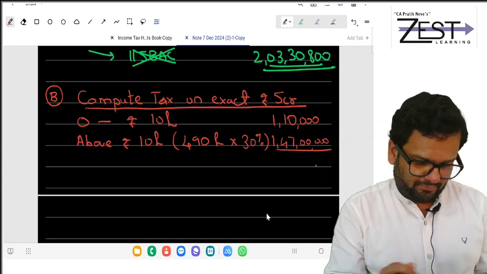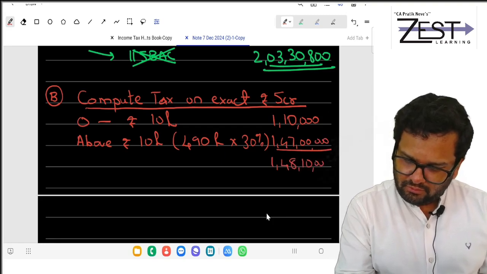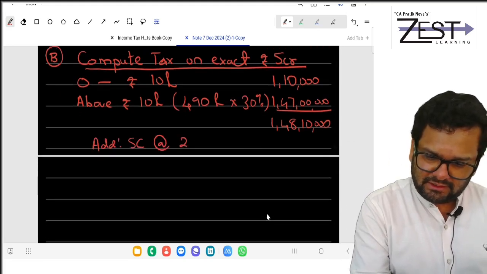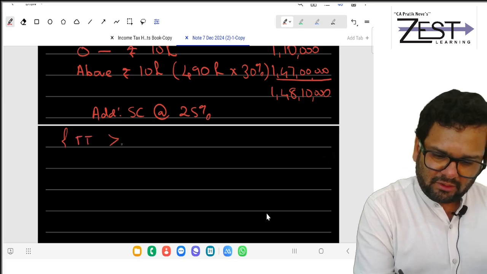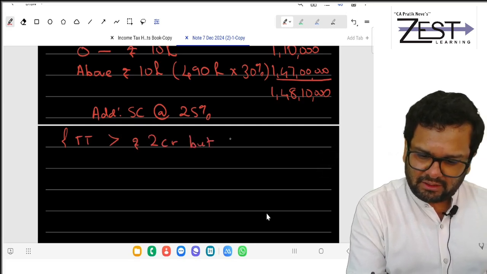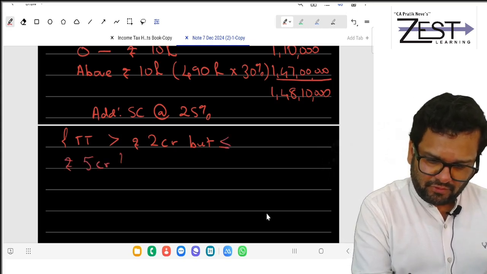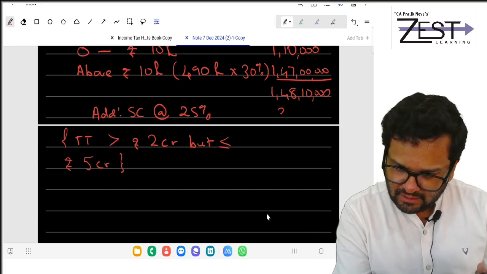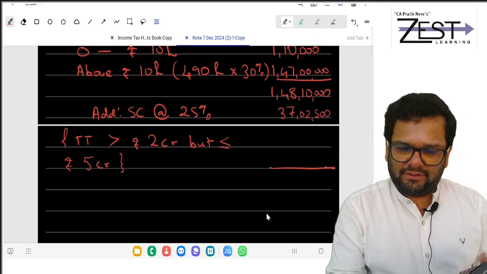Please take the total: 1 crore 48 lakh. But no one can save you from exactly 25%, because total income exceeds 2 crore but is less than or equal to 5 crore. So no one can save you from 37 lakh 2,500.